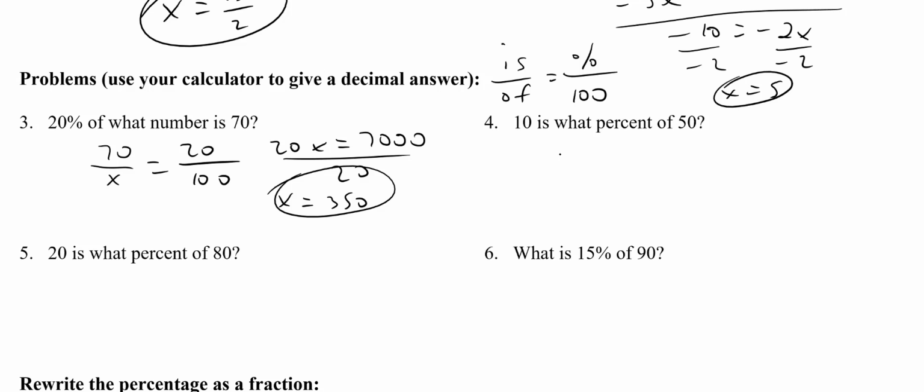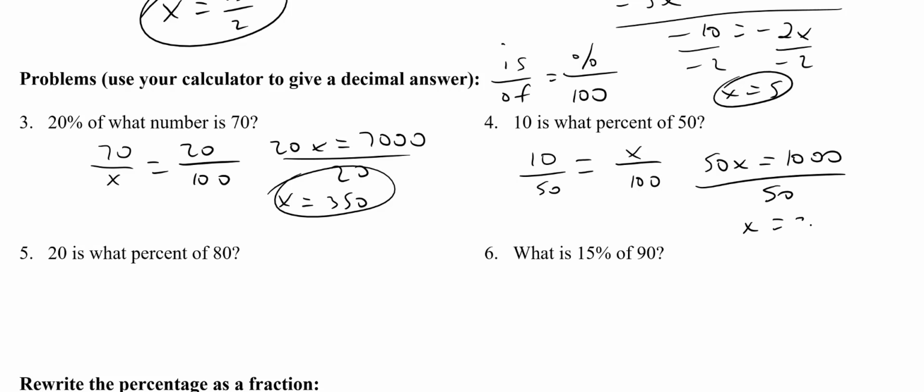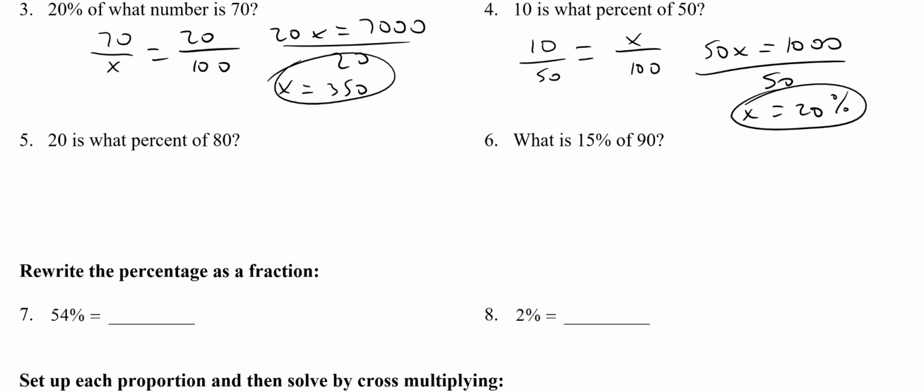Okay, number 4, 10 is, so 10 is the is, what percent? So that's my x over 100, always over 100, of 50. Okay, cross multiply, so 50x equals 1,000, and divide by 50, x equals 20, and then it's 20%. Okay, so 20 is what percent of 80?